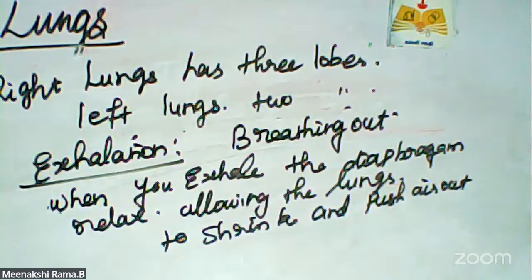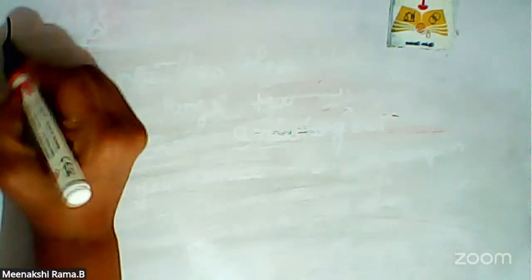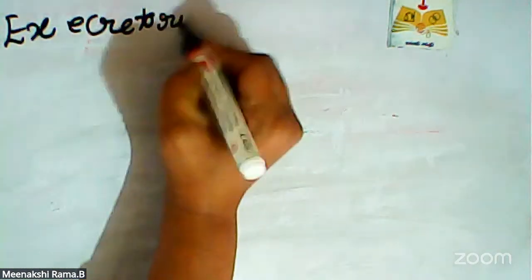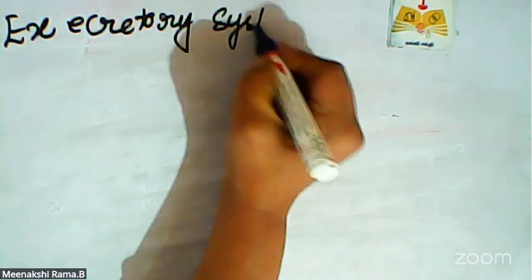And then the next one is the function of kidneys, the excretory organ. That is also an important system in our body. So, excretory system.